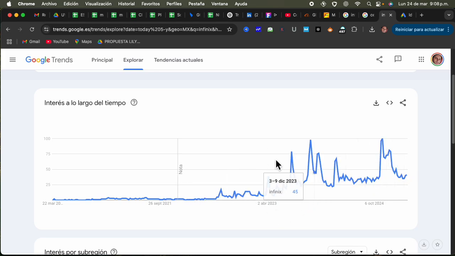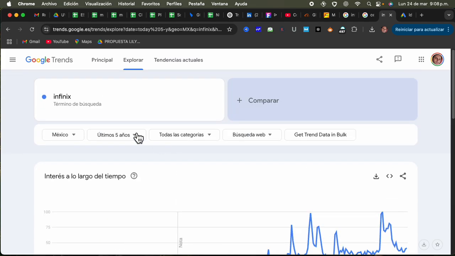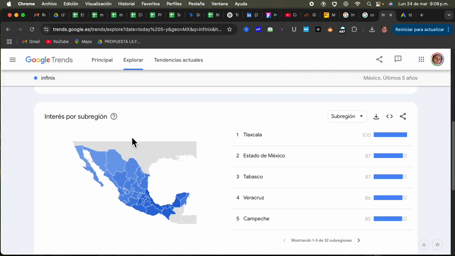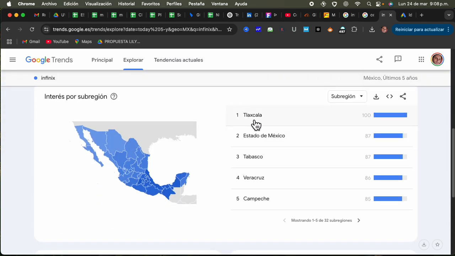So the interest has been increasing for the past 5 years. And these are the states of Mexico that have more interest in this kind of search: Tlaxcala, State of Mexico, Tabasco, Veracruz, Campeche, Chiapas, Puebla, Hidalgo, Oaxaca. 11th place, Mexico City.